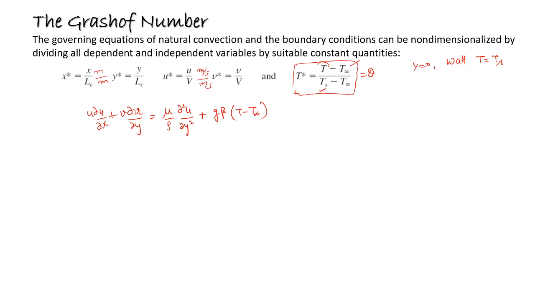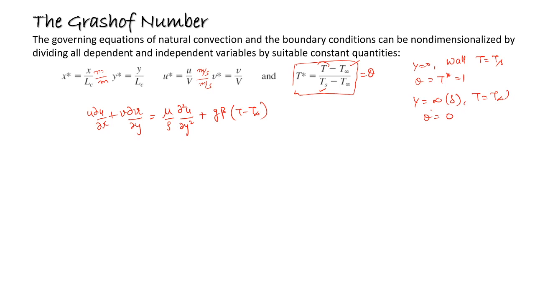So if you put this Ts in this equation, you get theta or T star equal to 1. At y equal to infinity, or at delta, boundary layer thickness, this temperature is equal to T infinity. So in that case, this theta will be equal to 0. So the value of this non-dimensional number is 0 at the boundary layer and 1 at the wall surface.